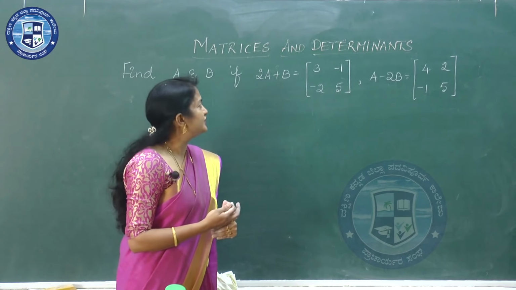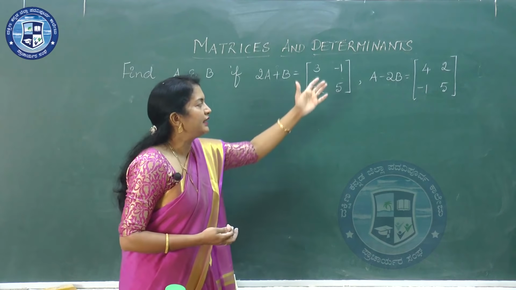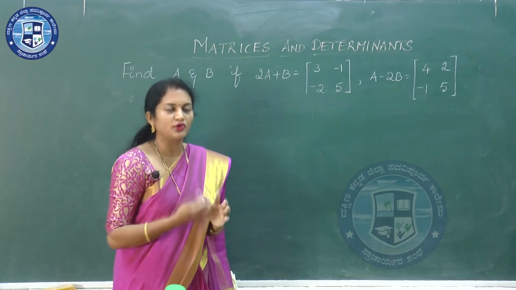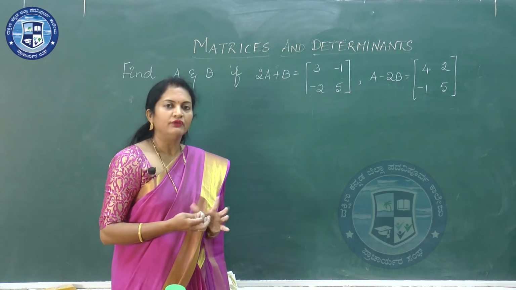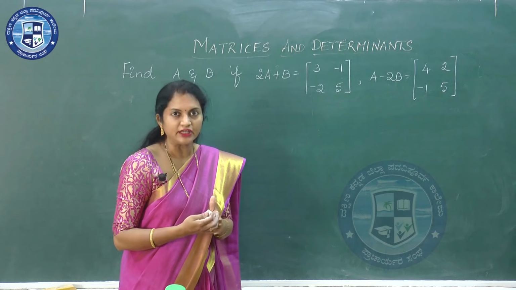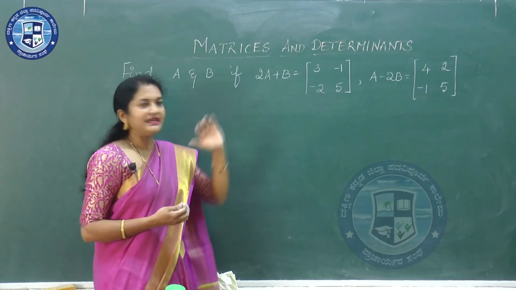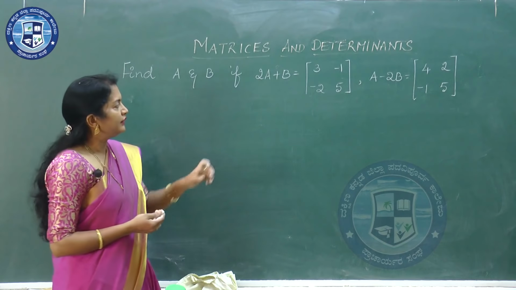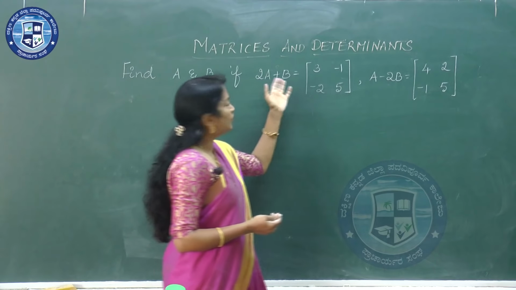Simultaneous equations: suppose 2A plus B is equal to some constant, A minus 2B is equal to some constant. To solve these two equations, one method is by equating the coefficients. Usually you use that method, and the same method we will use here. We will try to equate the coefficients.